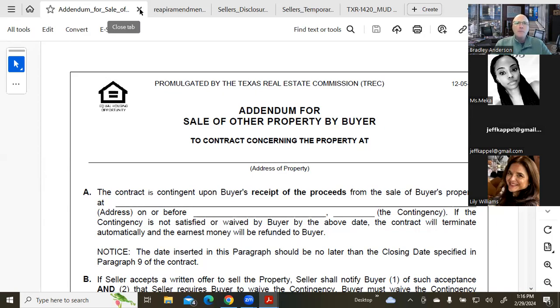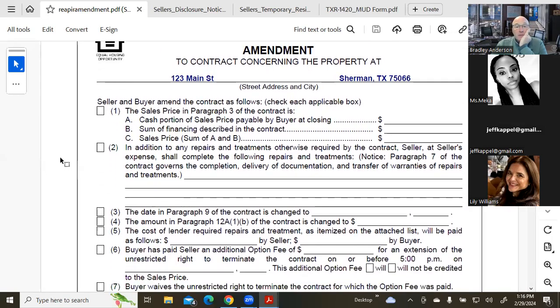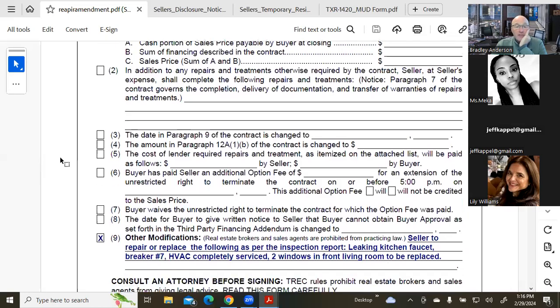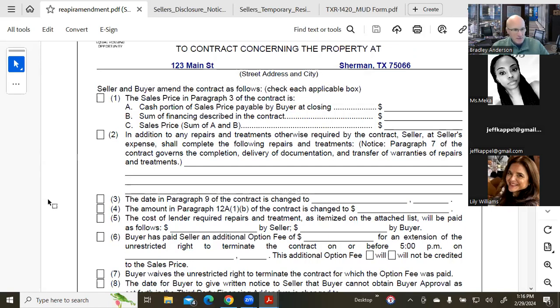All right. The other contract I get questions on is not the amendment per se, but how to submit repair requests. This amendment is great. It's a one-pager. It's a catch-all. Lines 1 through 8 speak to something in the 1 to 4, but there's also an other in option 9. But if you're submitting a repair request, typically the flow of that process is that you're within your option period.